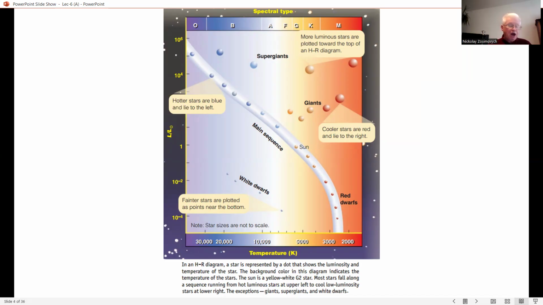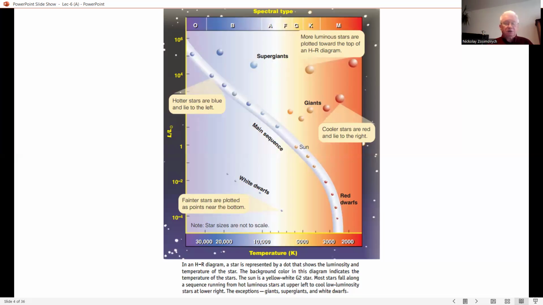The HR diagram in this figure also contains a scale of spectral type across the top, because a star's spectral type is determined by its temperature. And you could use either spectral type or temperature on the horizontal axis.